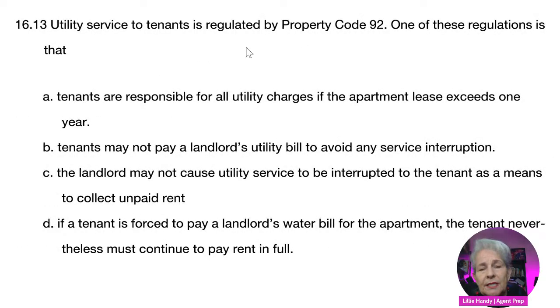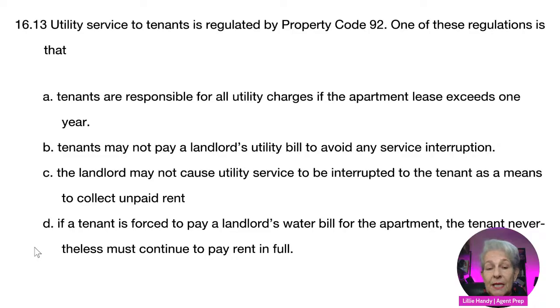Utility service to tenants is regulated by Property Code 92. One of these regulations is that A, tenants are responsible for all utility charges if the apartment lease exceeds 1 year. B, tenants may not pay landlord's utility bill to avoid any service interruption. C, the landlord may not cause utility service to be interrupted to the tenant as a means to collect unpaid rent.